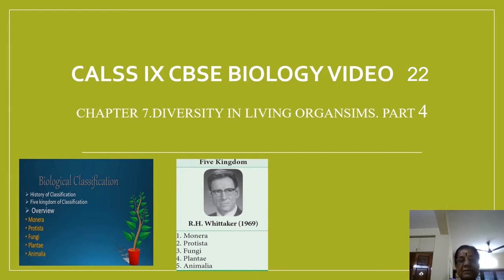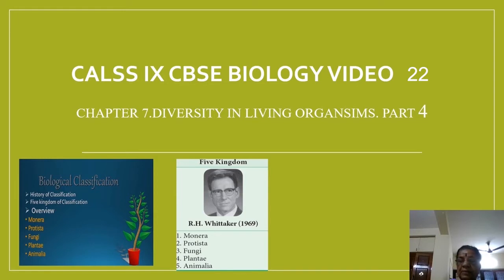It was the scientist R.H. Whittaker in the year 1969 who proposed the five kingdom classification. What are they? Kingdom Monera, Kingdom Protista, Kingdom Fungi, Kingdom Plantae and Kingdom Animalia.